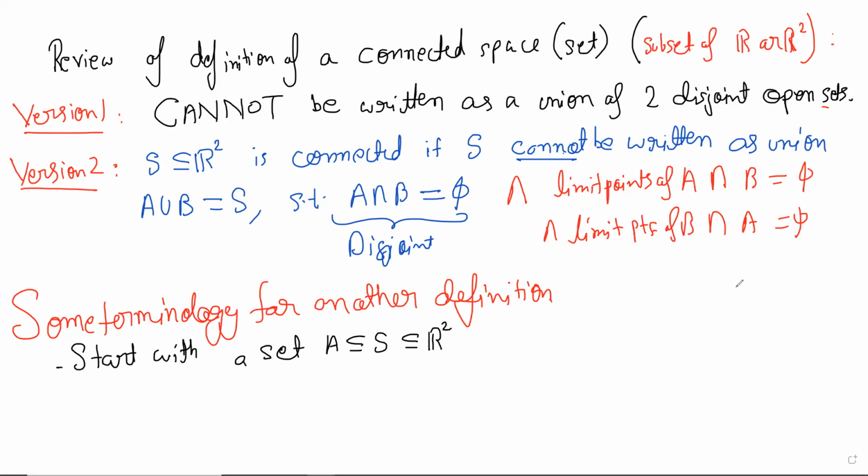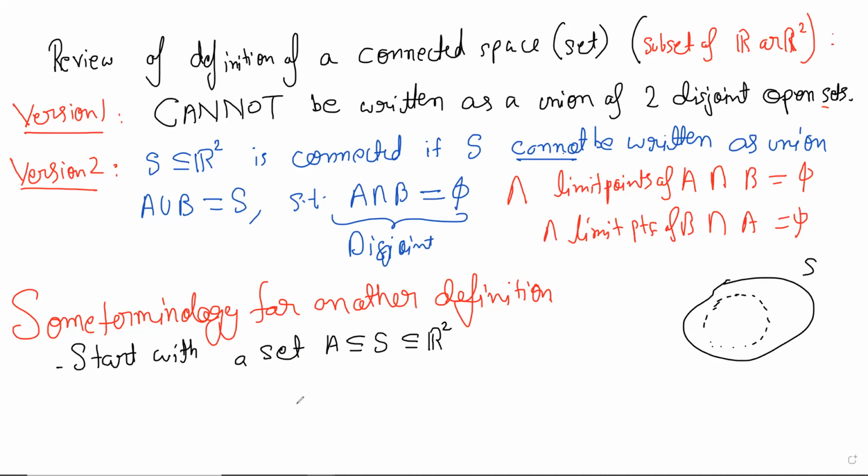So you have R2 and then you have S, and inside you have A. Now A may not contain some of its limit points.